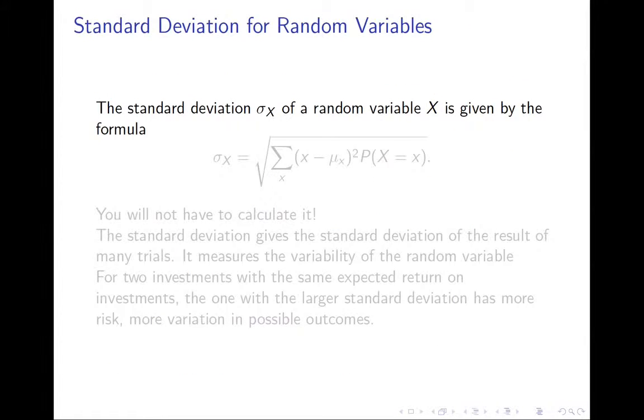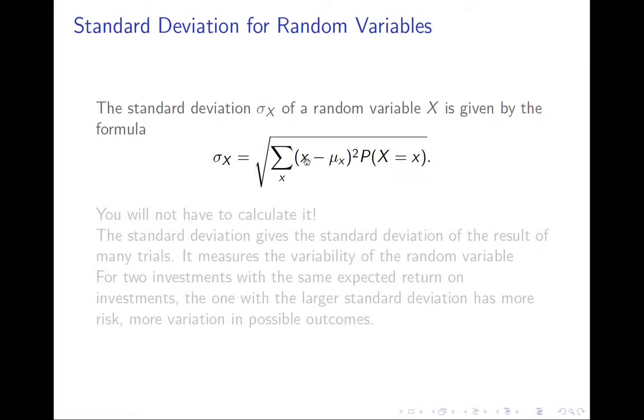Finally, we want to talk about the standard deviation of a random variable. The standard deviation, represented by sigma sub x, is given by this somewhat scary looking formula, but again, it is pretty much the standard deviation formula, but with this funky notion of averaging, right? Because we're summing over all the possible values.